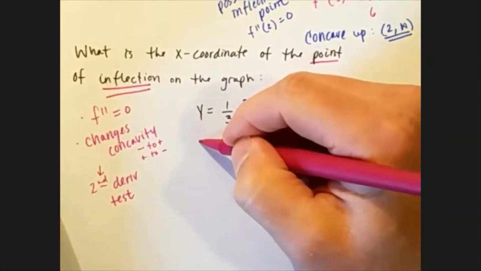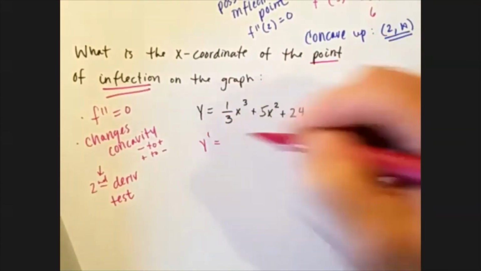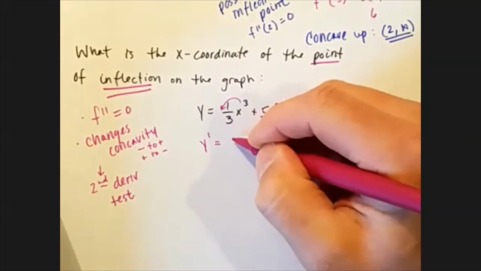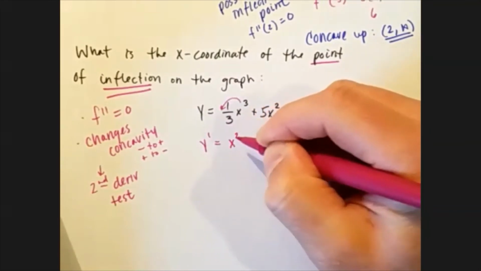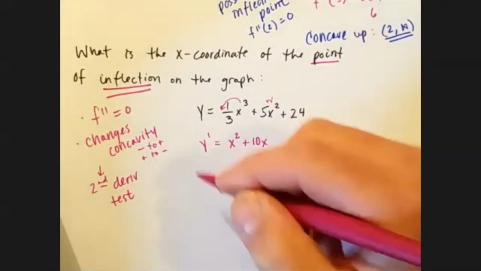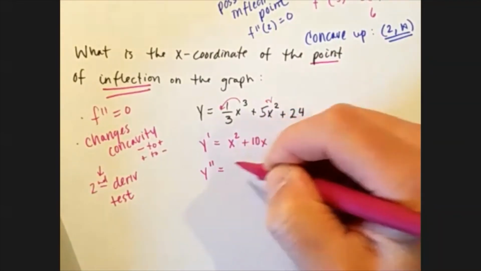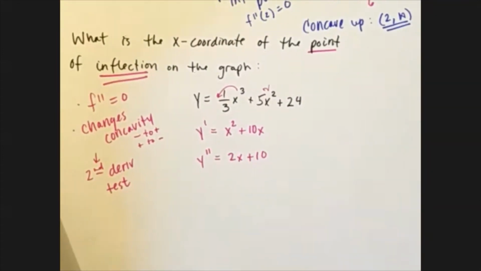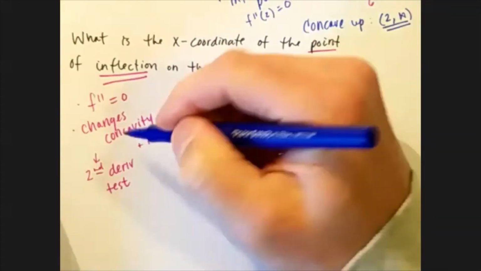So we would find y prime first. If I bring this 3 down, we're just going to get 1 times x squared, bring the 2 down, 10x. And if we do double prime, we get 2x plus 10. Once again, double prime because we're talking about concavity.